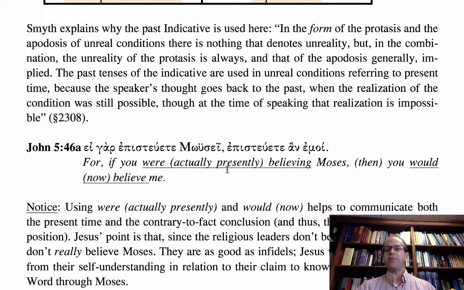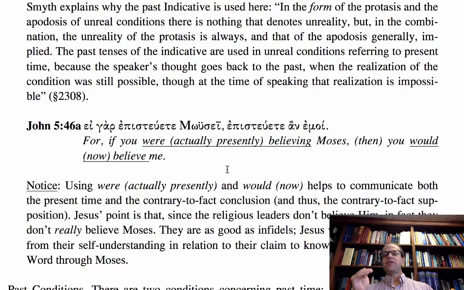Now what's being conveyed by this construction is the admission that this isn't true, but if it were true, then this would be happening. But this isn't true, so this isn't happening. So the condition in its form is admitting the unreality of the condition, not the logic. The logic is still there, but it's admitting that this scenario is not true.